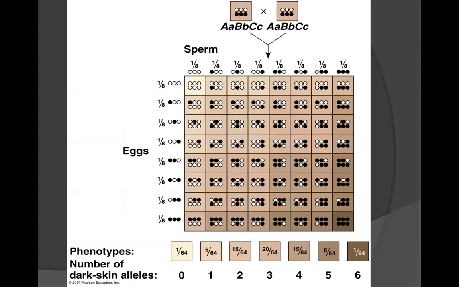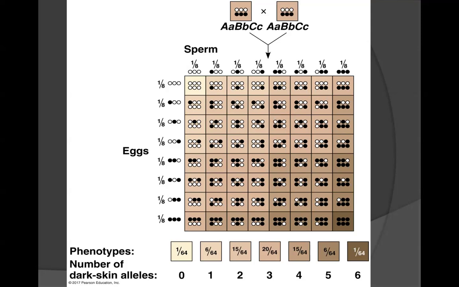This slide here depicts a typical polygenic trait. Remember, a polygenic trait occurs when one trait is controlled by multiple different genes. Skin color is a polygenic trait, meaning that 3 different genes contribute to overall skin color. The combination of light versus dark alleles will determine where you fall on the gradient scale.